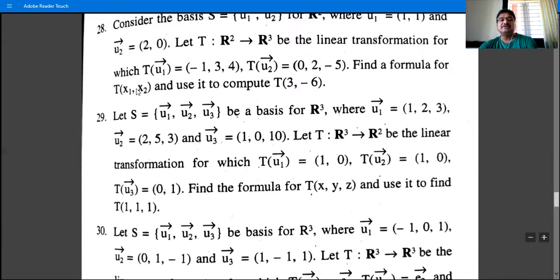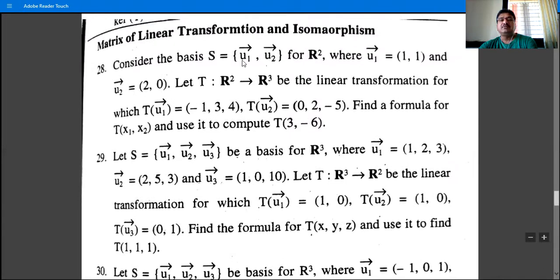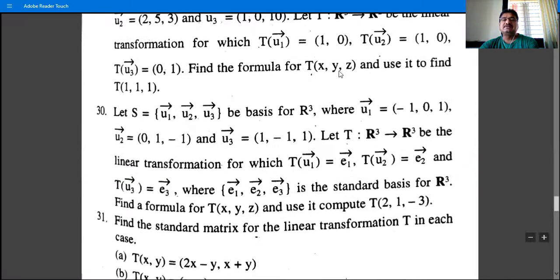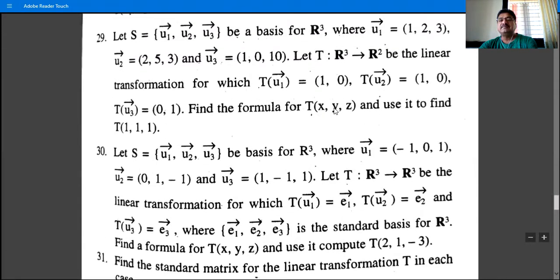So we have to express this (x1, x2) as a linear combination of u1 and u2, as (1, 1) and (2, 0), and then we apply T on both sides. We have the answers. These are examples already discussed: T(x, y, z). How can we find T(x, y, z)? The formula for T: express this (x, y, z) as a linear combination of u1, u2, u3, that is these three elements.